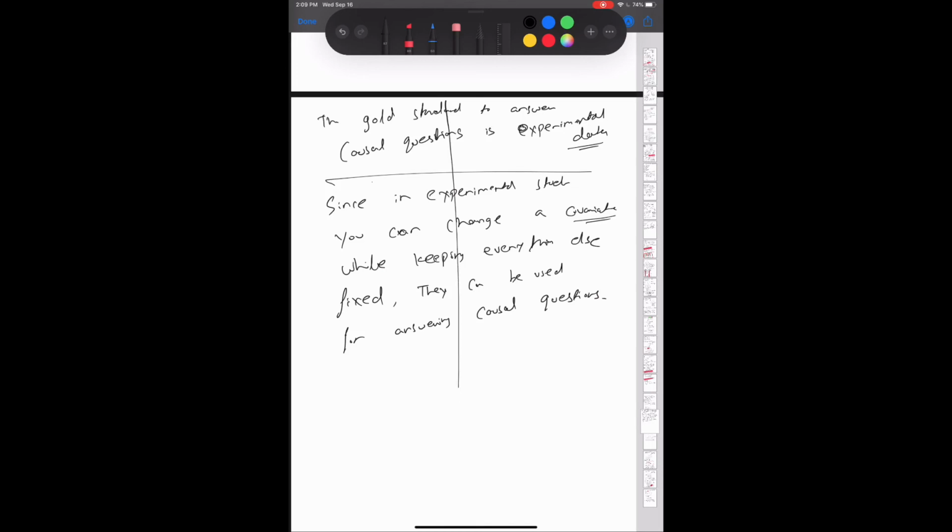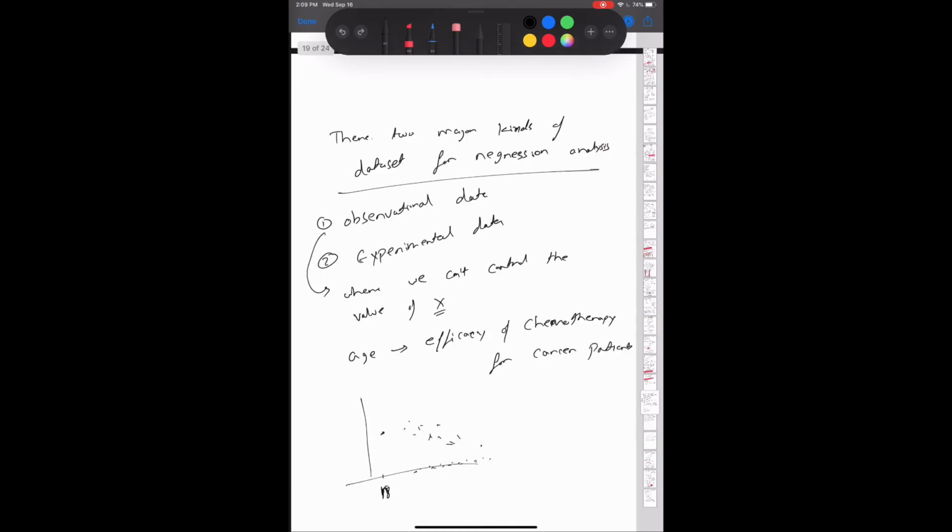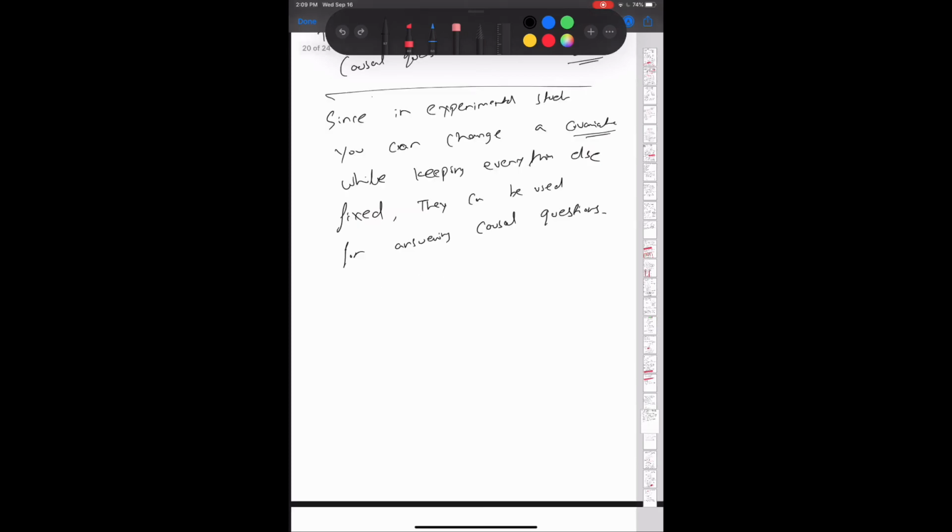The reason you couldn't do that in observational studies is because when you look at different X's, you cannot guarantee that the other covariates are the same. But in an experimental study, since you are controlling the values of X, you can change the value of X while keeping the value of other covariates constant. And then if Y changes, you know the change is due to the change in X because everything else was kept constant. And that will lead to answering causal questions.